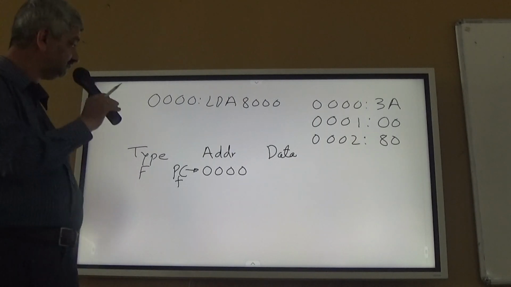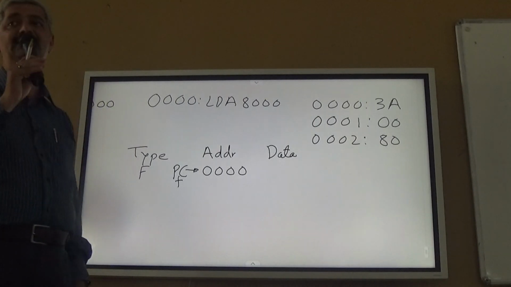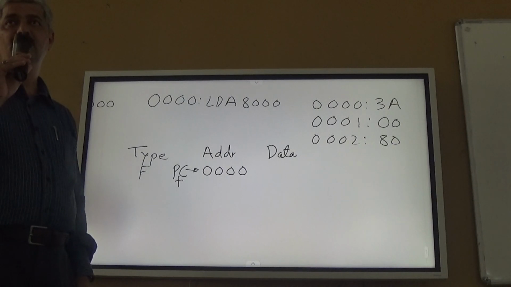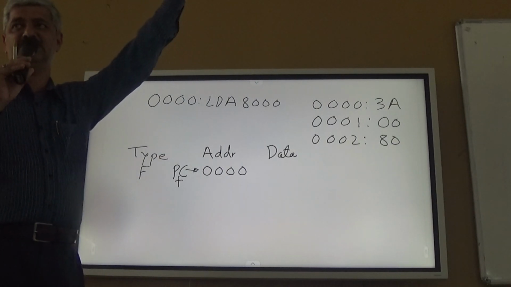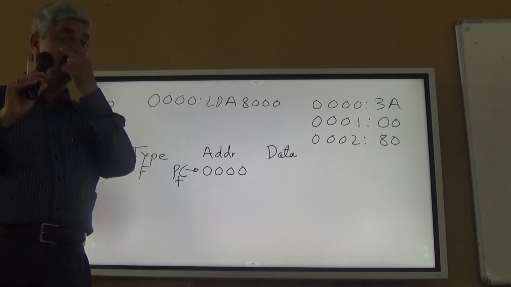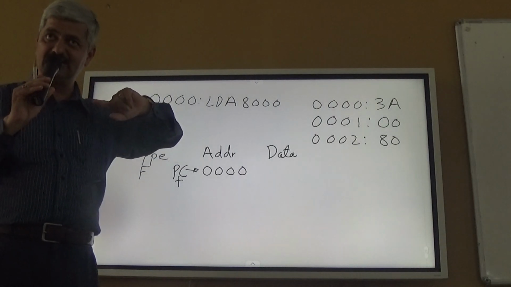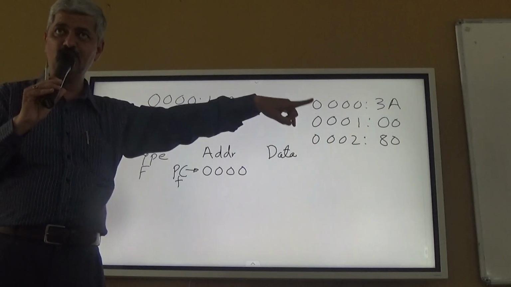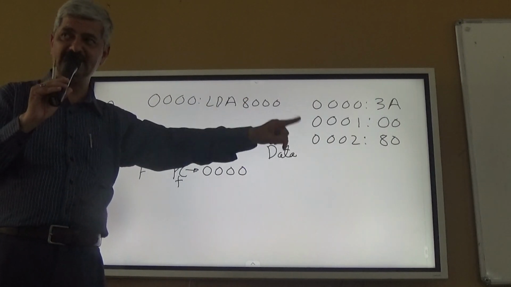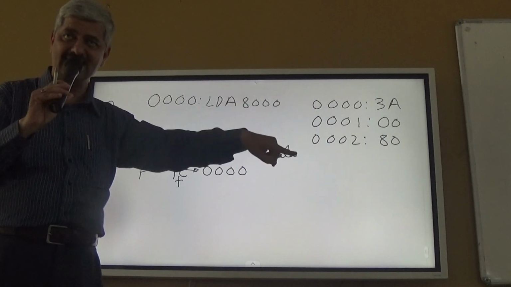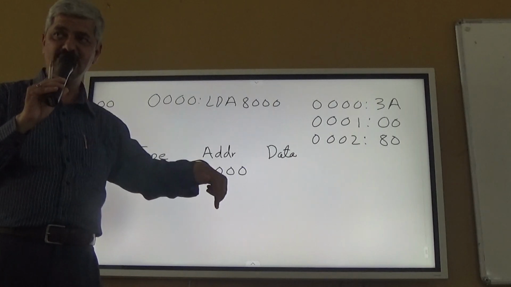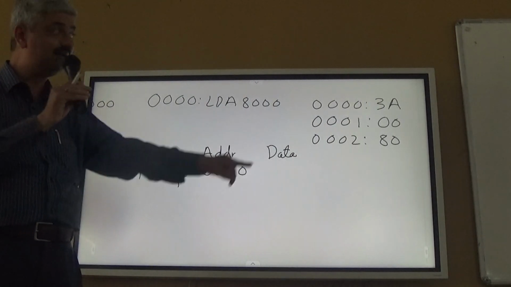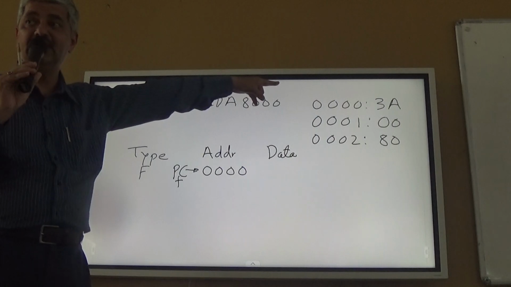Then what would be the value of the address lines? 0, 0, 0, 0. The read bar control signal becomes low, so the external memory will put whatever value is stored at address 0 on the data lines. What will come there? It is stored at 3A.